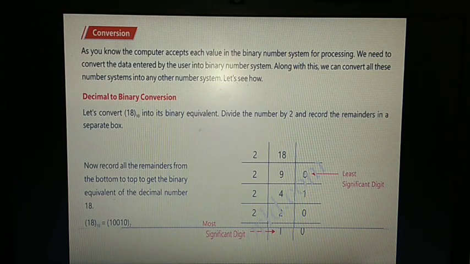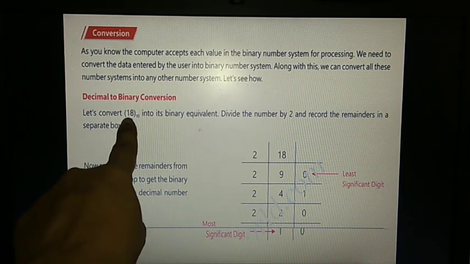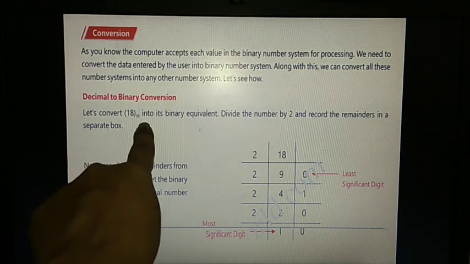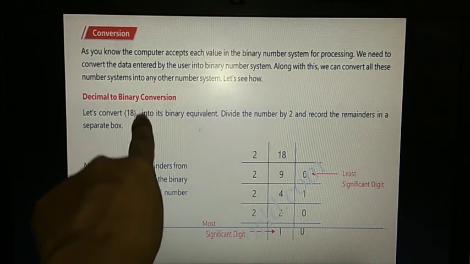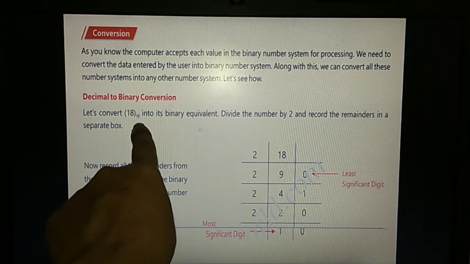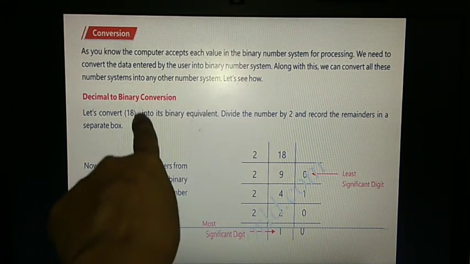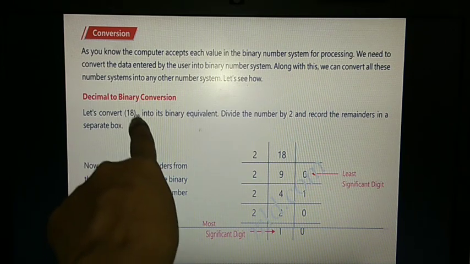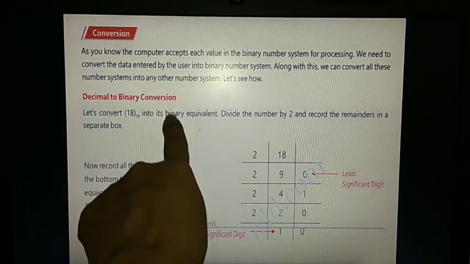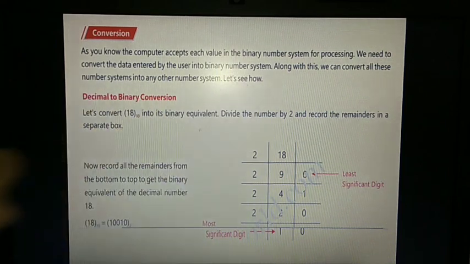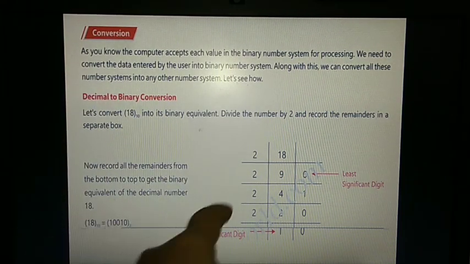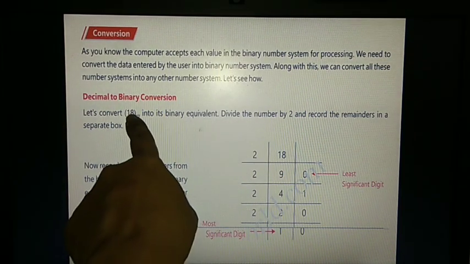Because you want to convert into binary, and binary consists of only two numbers, 0 and 1. So you had the number 18 base 10, your decimal number, which you want to convert into a binary number.